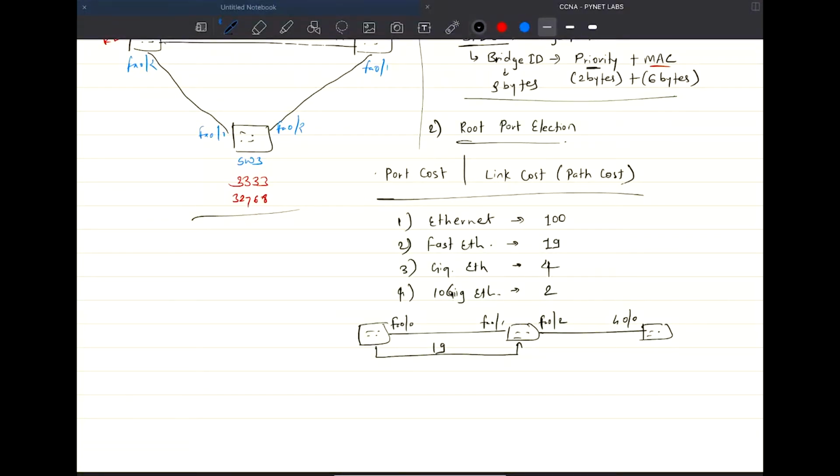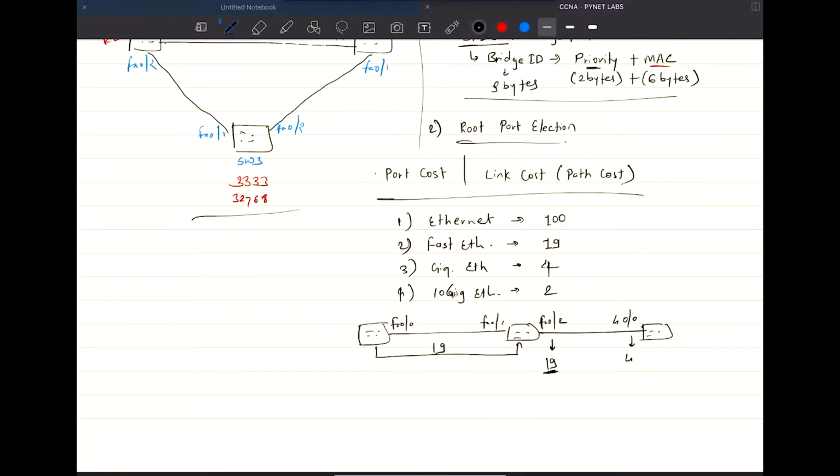So the root port, or I would say port cost for FA0/2 is 19, and the port cost for gig 0/0 is 4. Which one will be considered? The lowest one. Sorry, the highest one, which will be 19. Okay. So 19 will be considered as a path cost.